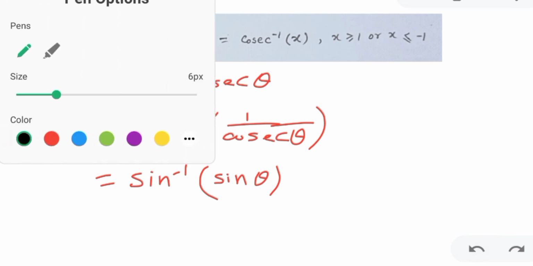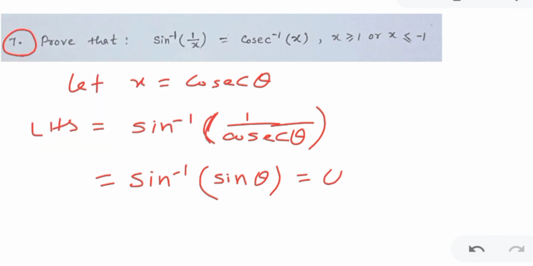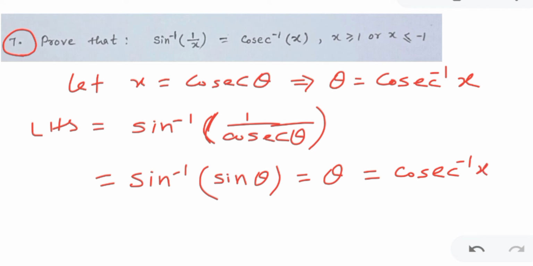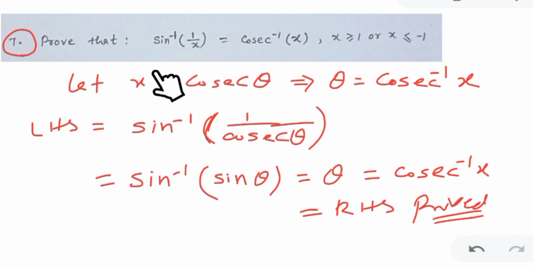And theta means, if x is equal to cosec theta, then theta is equal to cosec inverse x, and this is our RHS. So this is a very easy question. RHS proved.